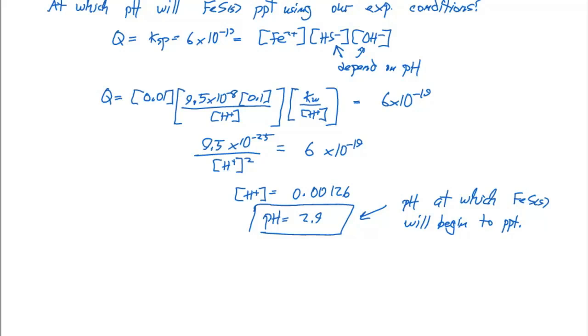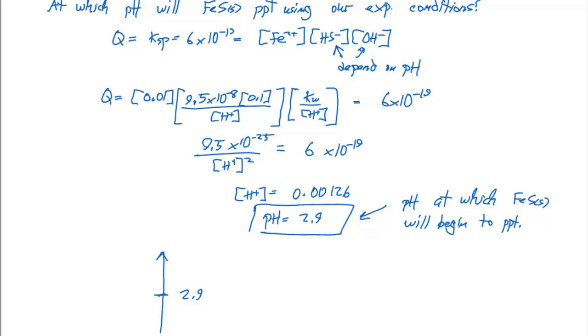So what does this mean in terms of what we're looking at in our laboratory? Doing these pH calculations will allow us to separate out various ions in solution. If we look at iron sulfide on a pH scale, we know from our calculation that a pH of 2.9 is the separation point between where iron is in ions in solution and when the iron sulfide begins to precipitate out.